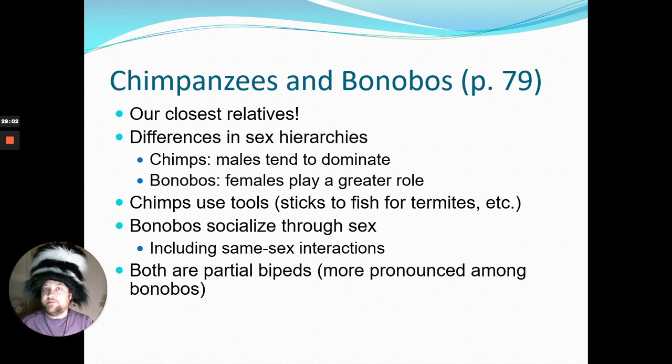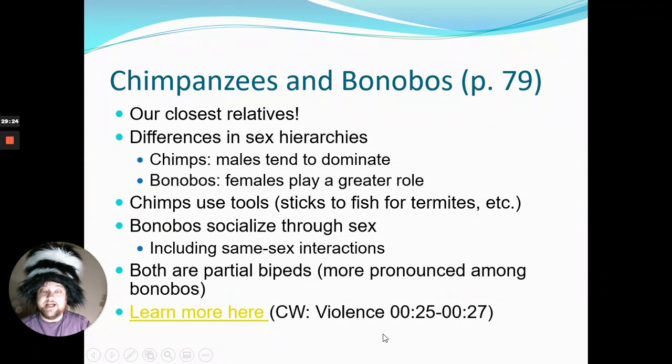But they can stand up on both feet and carry things with both their hands, which can be advantageous in some situations. So again, if our closest relatives can do this even better than any other ape, then we can think about our common ancestors with them, and that is going to help us think about the origins of humans next class.